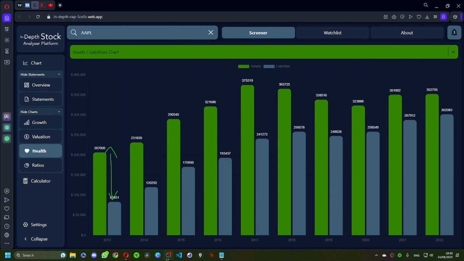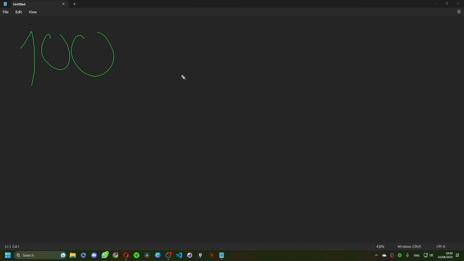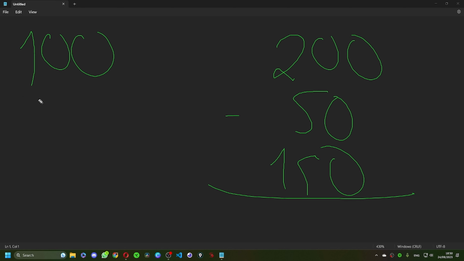So let's say that a company costs $100, right? The entire company. And it has $200 in assets and only $50 in liabilities. So that is $150 in book value, and it means that the company is 50% undervalued.